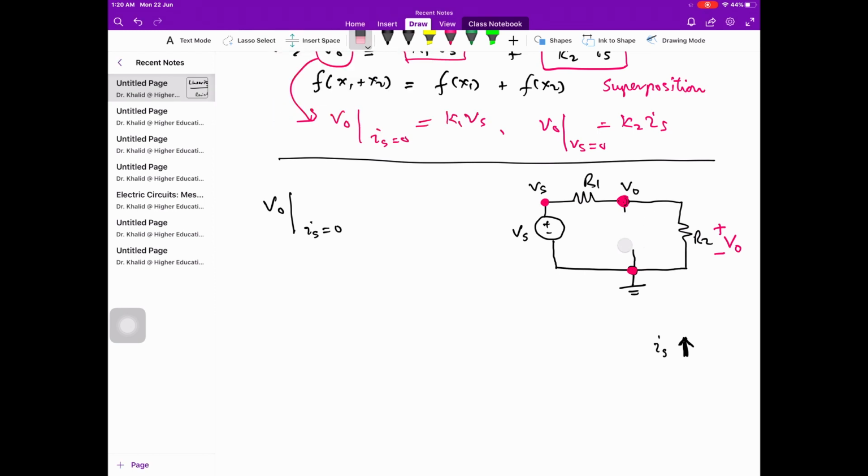I have removed the current source. Now I will call the output voltage VO1, due to source 1, which is the voltage source. I have eliminated the current source.